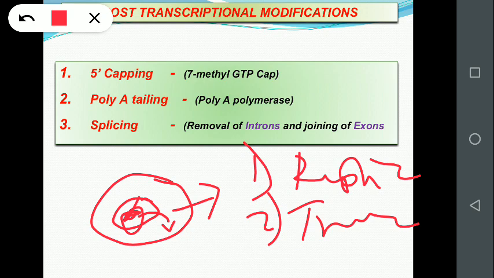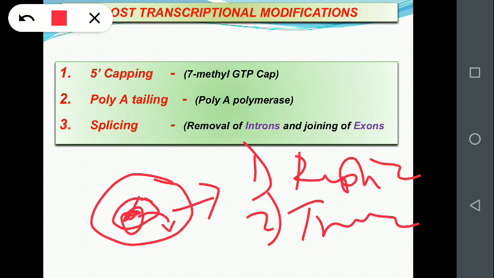In eukaryotes the mRNA molecules are really complex and require some special modifications after their synthesis. So in eukaryotes the mRNA undergoes some modifications inside the nucleus.